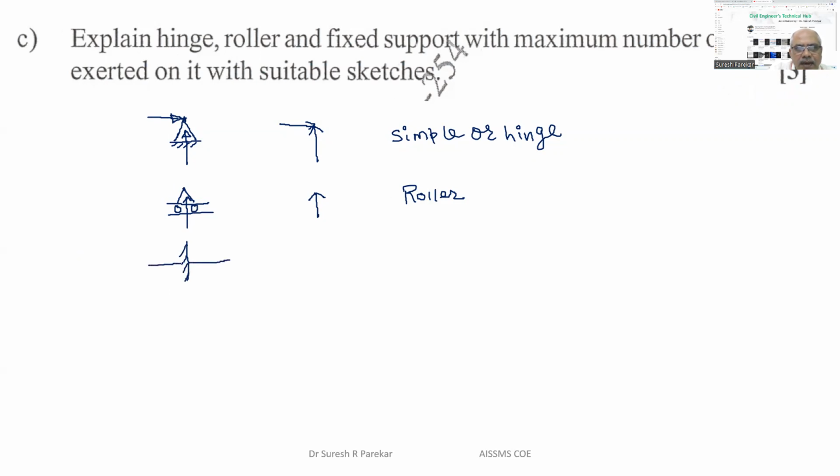One will be perpendicular to the plane of the surface, the second will be perpendicular to the first, and the third will be a moment. So we are going to have three reactions in case of fixed support. So this will be fixed support. This was asked for 3 marks.